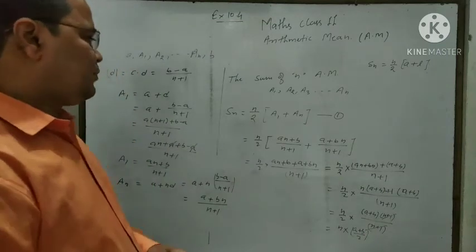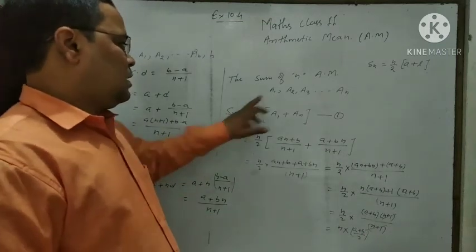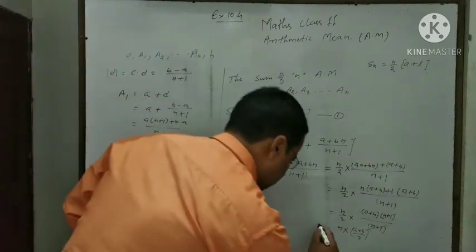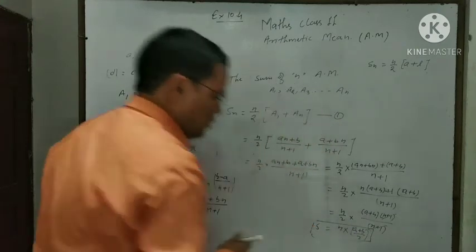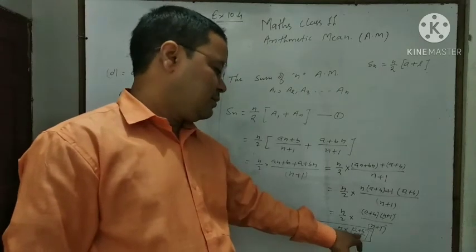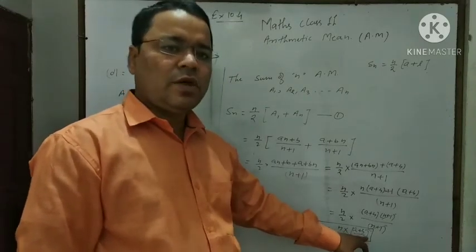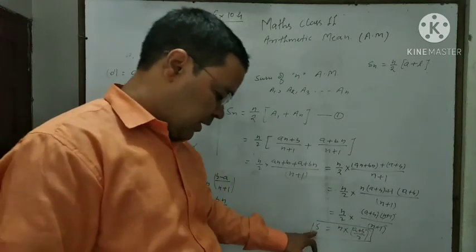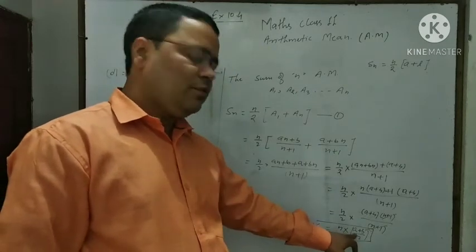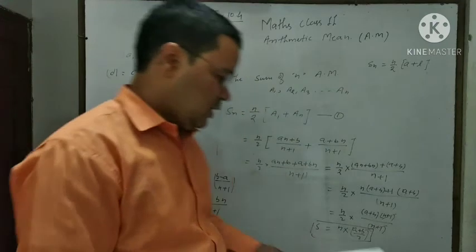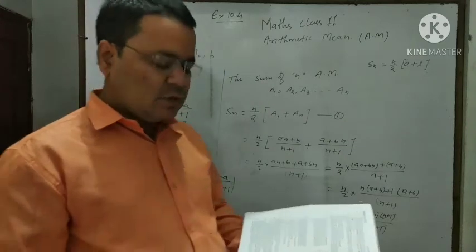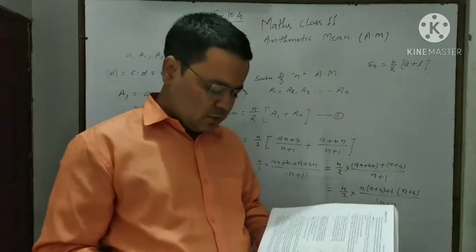Or we can say the sum of n arithmetic means is equal to number of terms into average of first term and last term. Okay, the sum of n arithmetic means is equal to n into the average of first term and last term. We can say here it is also proved, n into a plus b by 2, n times the arithmetic mean between a and b also we can say.